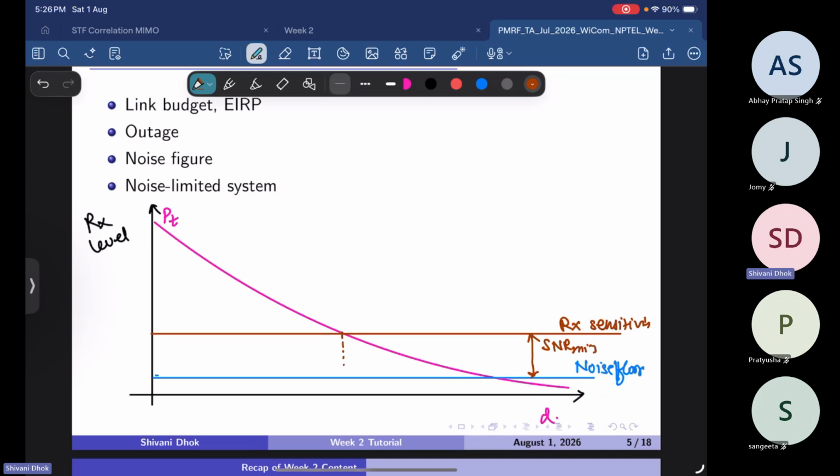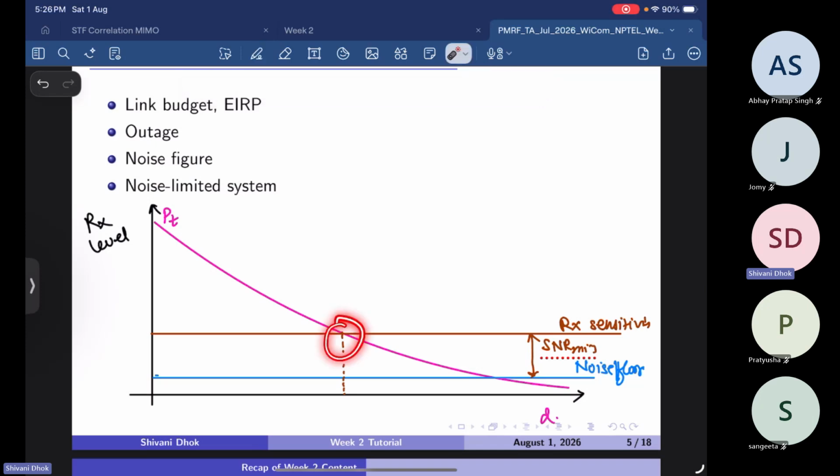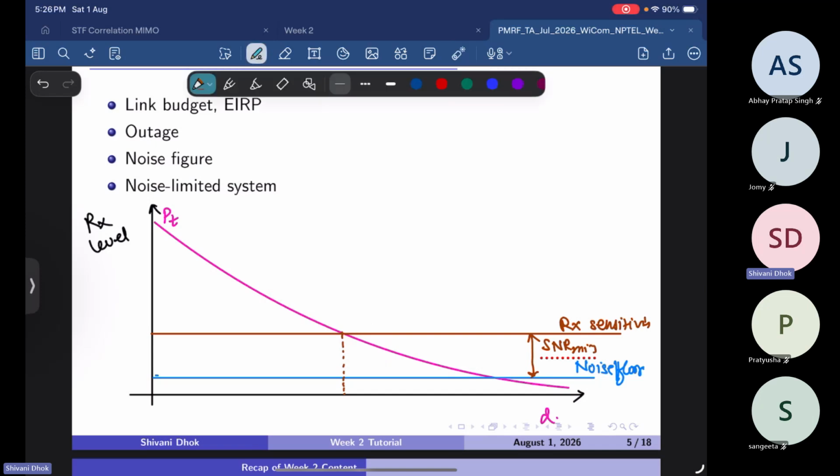And if your signal goes below the receiver sensitivity, you can't transmit. So this particular point at which your received signal crosses the receiver sensitivity or goes below it is the maximum distance till which you can transmit. After that, you can't transmit anywhere. So here the quantity that we define is signal to noise ratio.